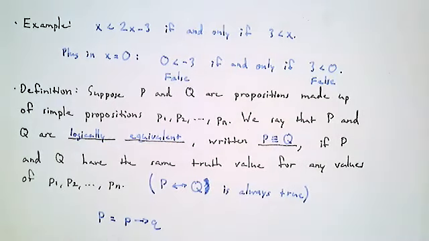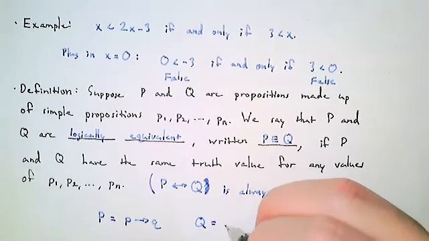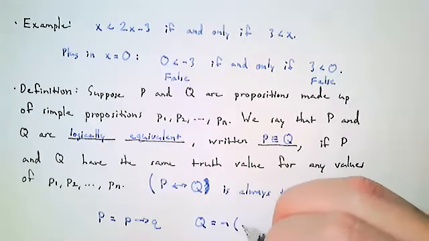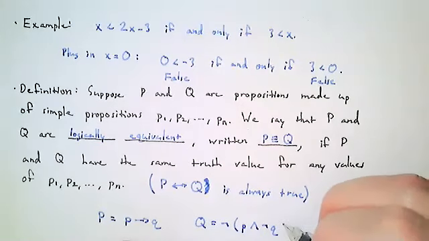So capital P is more complicated because it's made up of simple propositions. It's actually maybe a conditional statement. And Q could be something else, like this one.